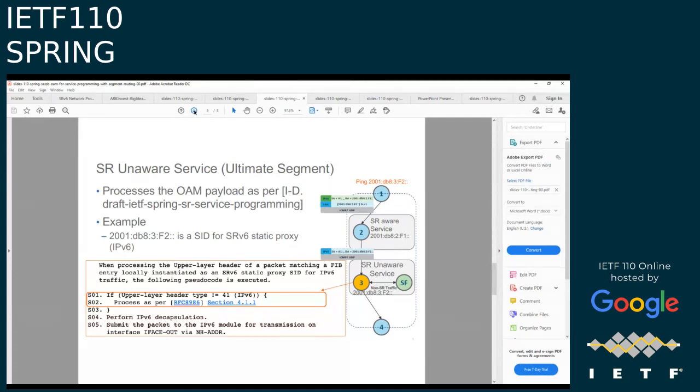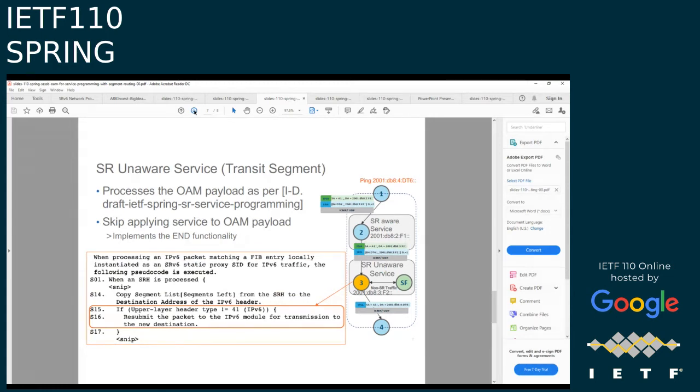Since the upper layer header for that SID is expected by IPv6, in this case ICMP or UDP, the service processes the upper layer header as per RFC 8986 section 4.1.1, which is: if upper layer header processing is allowed by local configuration, then it processes it and responds to the ping message. Next slide, please.